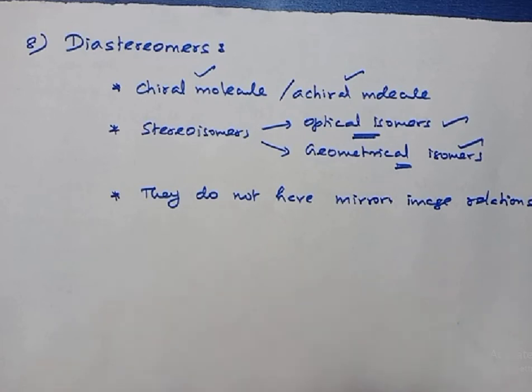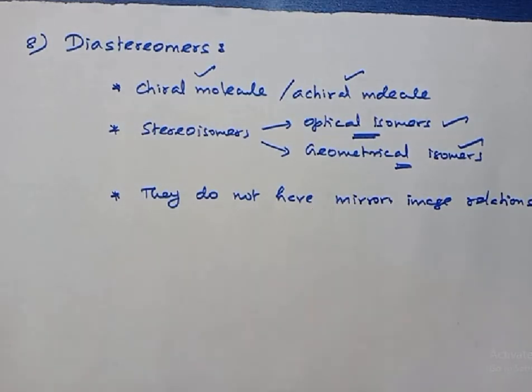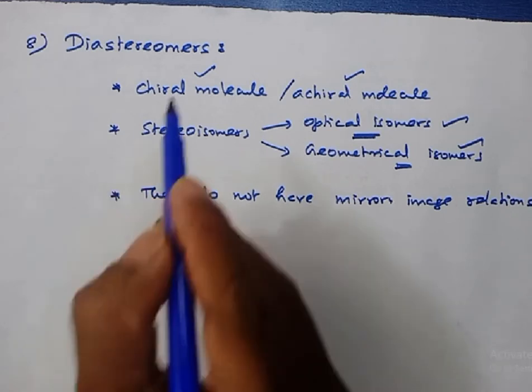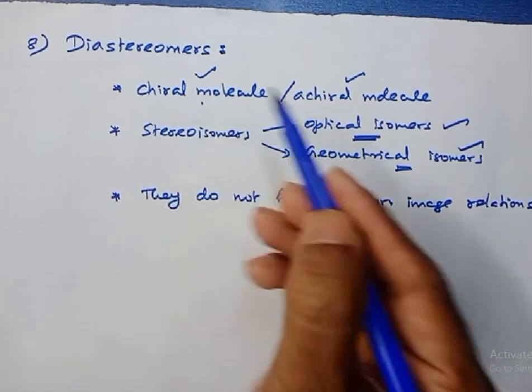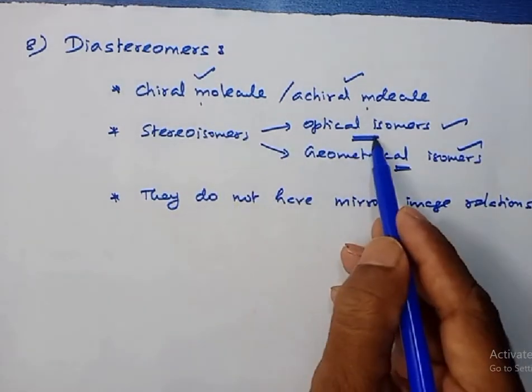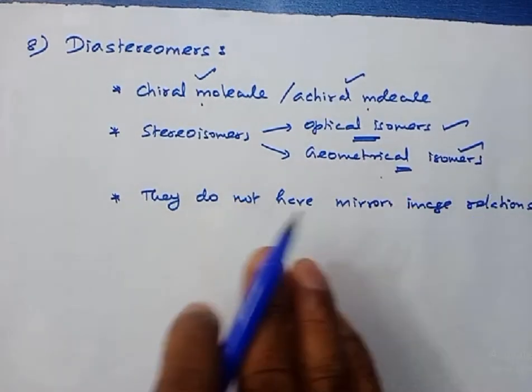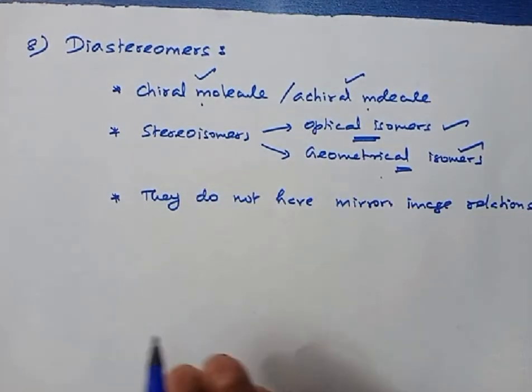I have told you that in enantiomers the two have a mirror image relationship but are non-superimposable. But here they do not have any mirror image relationship, and we call those isomers diastereomers. Remember, diastereomers can be chiral or achiral molecules, and can be optical isomers or geometrical isomers. But this is very, very essential: they do not have a mirror image relationship at all.